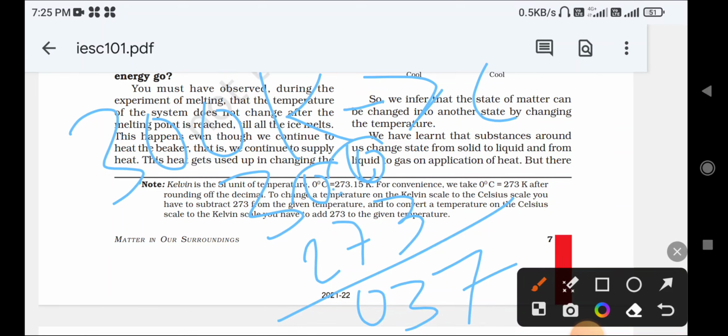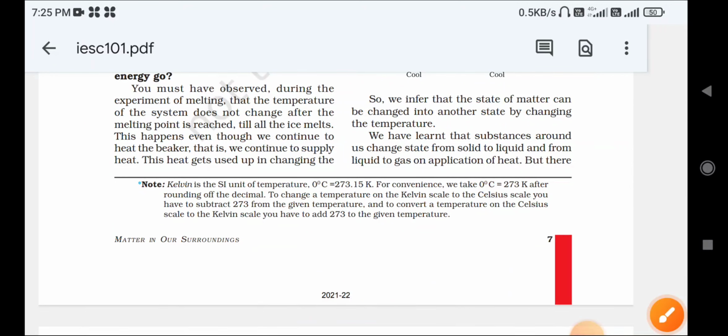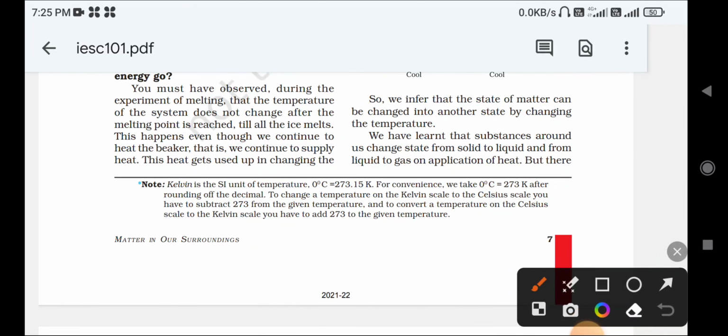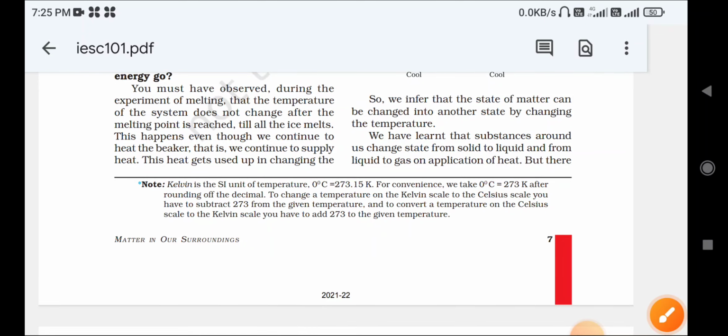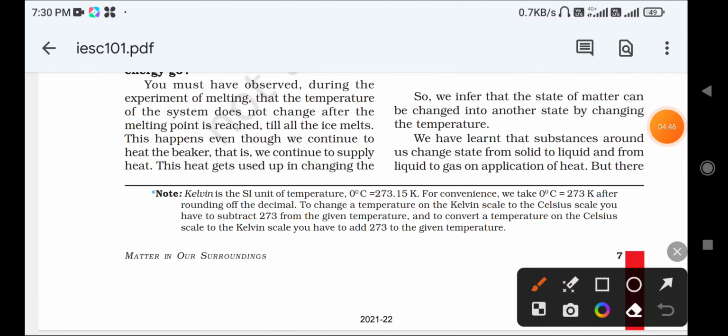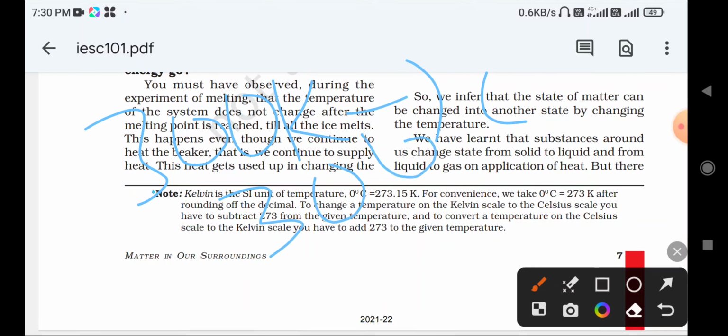This is how we can convert the Kelvin scale into Celsius temperature. When we take 300 Kelvin and convert it to the Celsius scale, you have to subtract 273 from 300. 0 cannot be subtracted by 3, so you take 10. 10 minus 3 becomes 7.